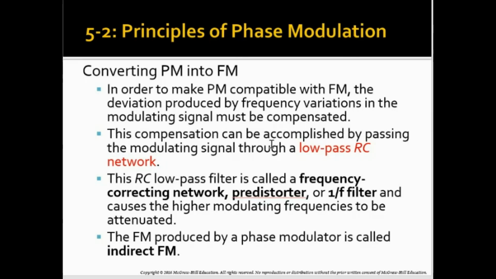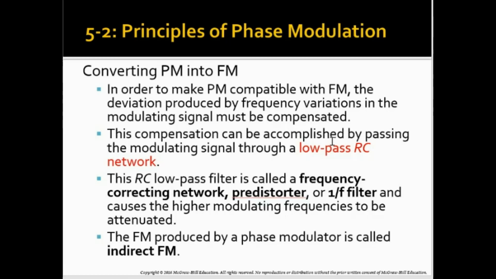This compensation can be accomplished by passing the modulating signal through a low-pass filter. If you send your modulating signal through a low-pass filter, high frequency variation in your modulating signal will be attenuated or will disappear. Then FM and PM become quite similar.